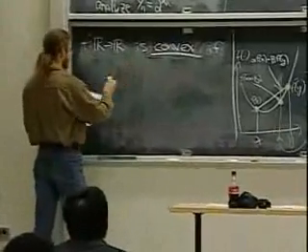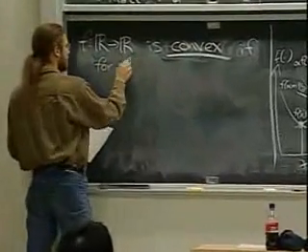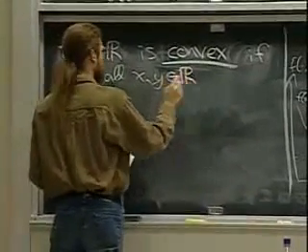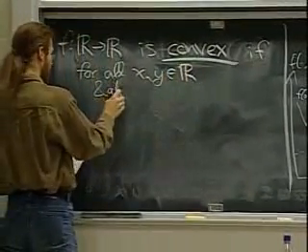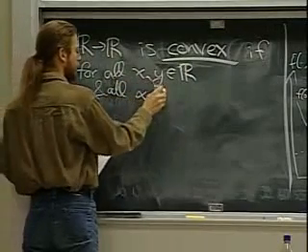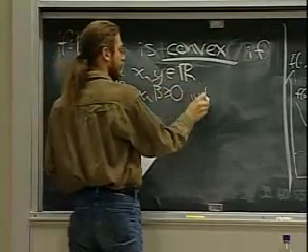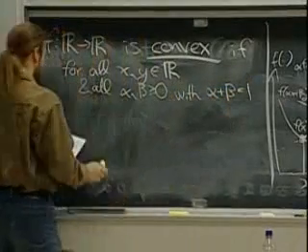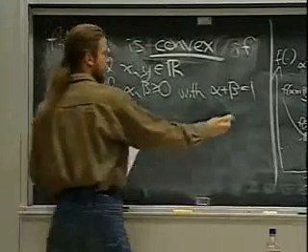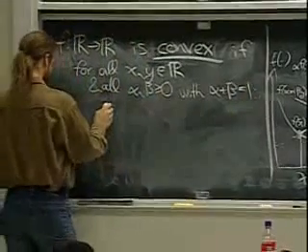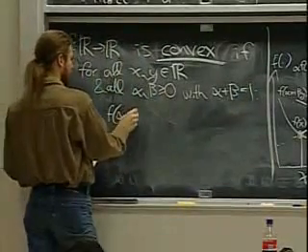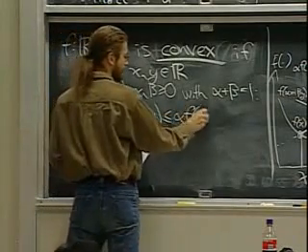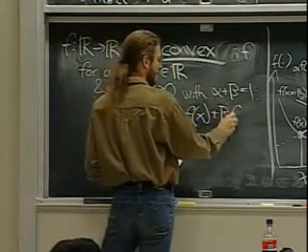A function is convex if for all x and y, and all alpha and beta greater than or equal to 0 whose sum is 1, we have f of alpha x plus beta y is less than or equal to alpha f of x plus beta f of y.